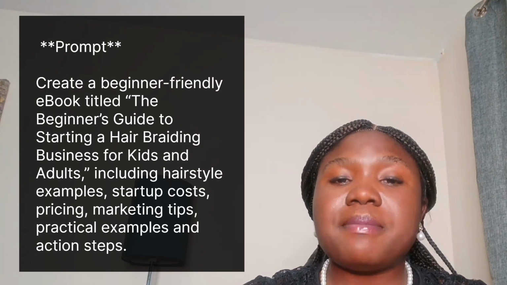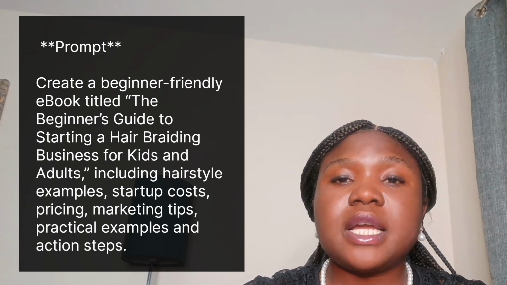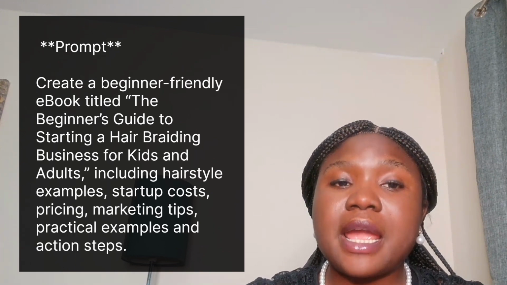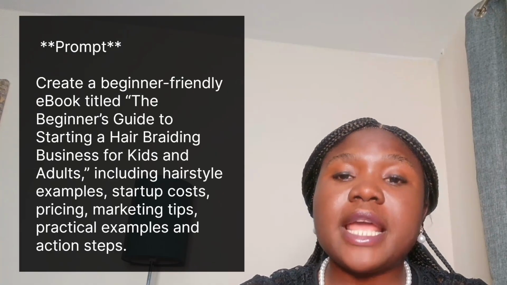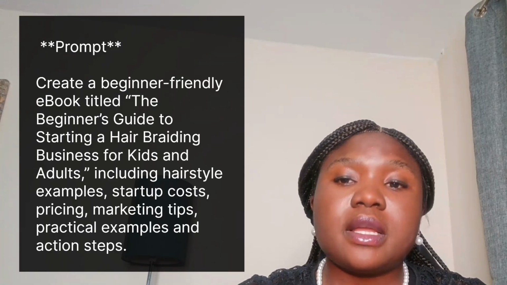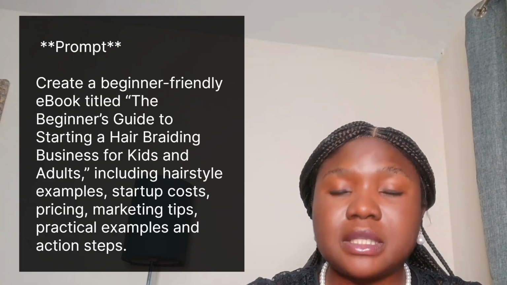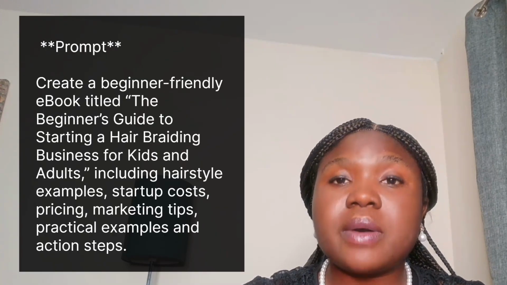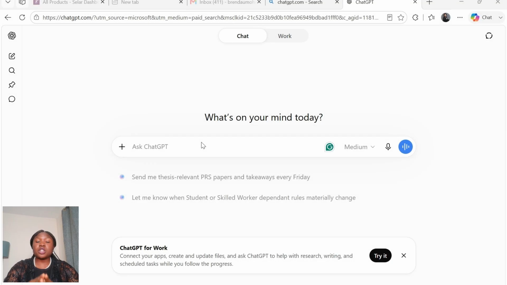My prompt says: create a beginner-friendly ebook titled The Beginner's Guide to Starting a Hair Braiding Business for Kids and Adults, including hairstyle examples, startup costs and pricing, marketing tips, as well as practical examples. We are going to submit this on ChatGPT to give us our desired output.